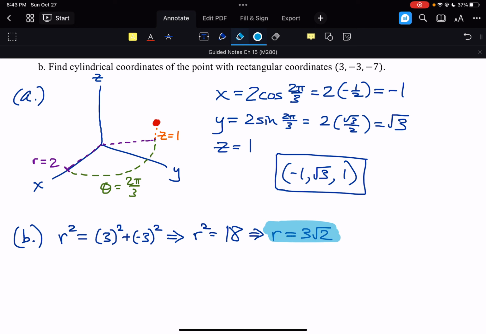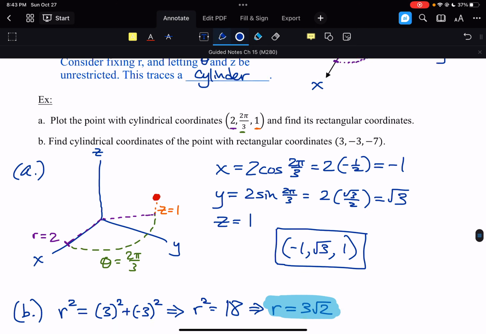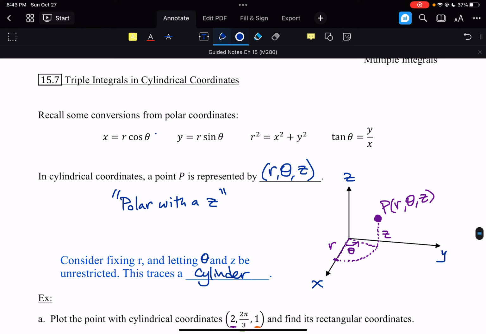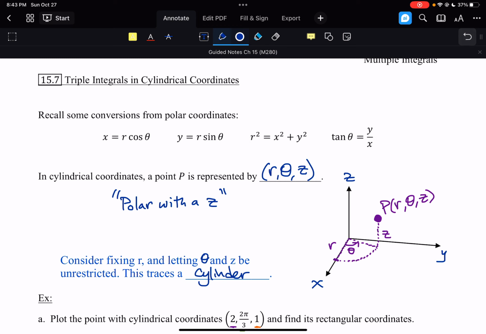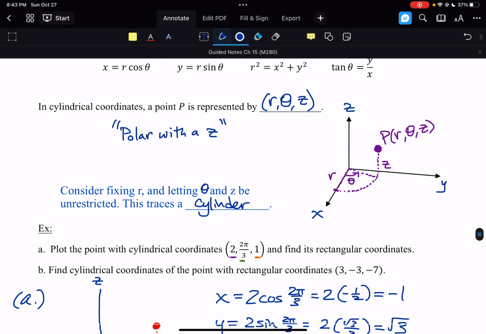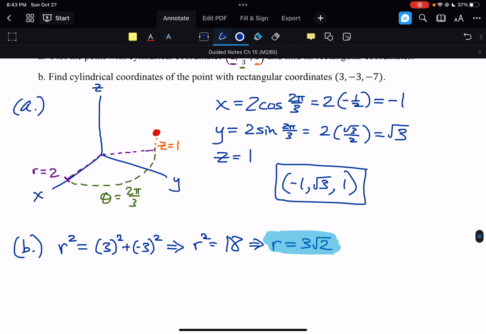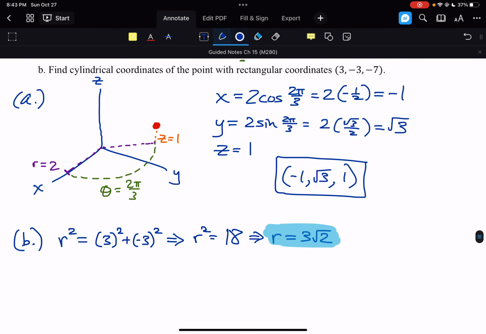So we get r is 3 rad 2. For theta, you can really use any of these angular conversions, but we need to take note of where this angle will be. So let me use the tangent one, and I'll explain why in just a second.